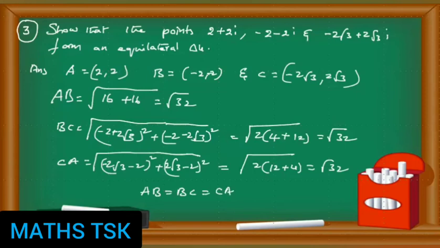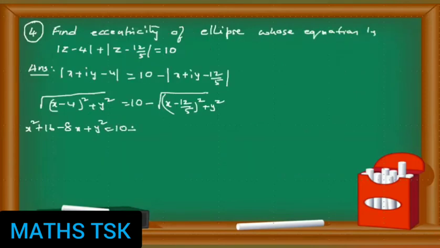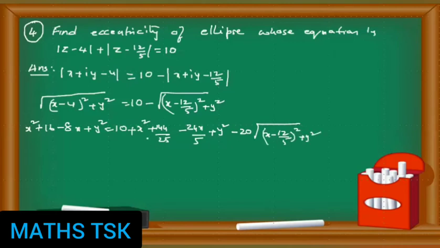Therefore, we conclude that it forms an equilateral triangle. Next, squaring this: x square plus 144 by 25 minus 24x by 5 plus y square. Then we'll get the minus 2ab is 20 into root of (10x minus 12 by 5) whole square plus y square. So x square and y square get cancelled. We remain with 8x.